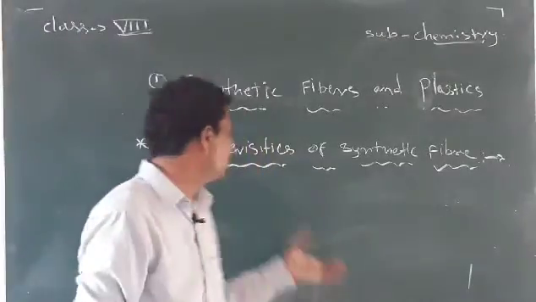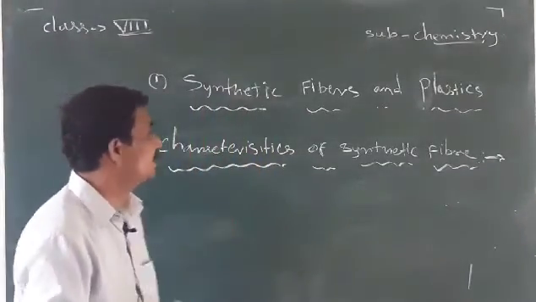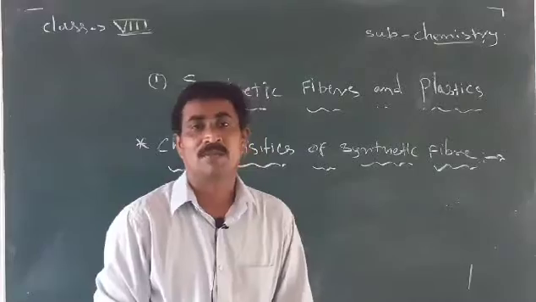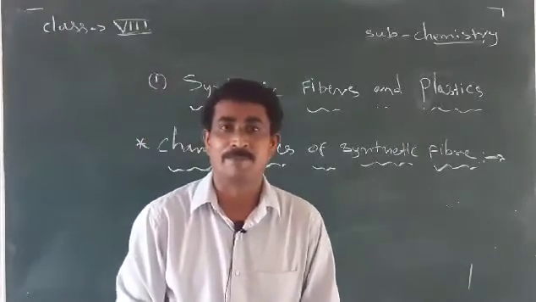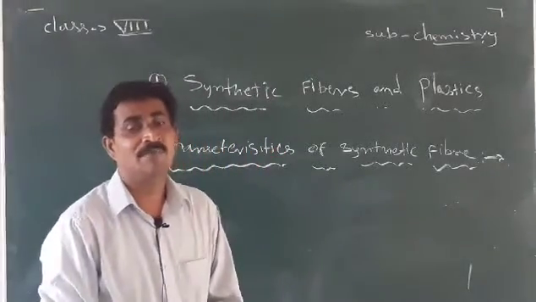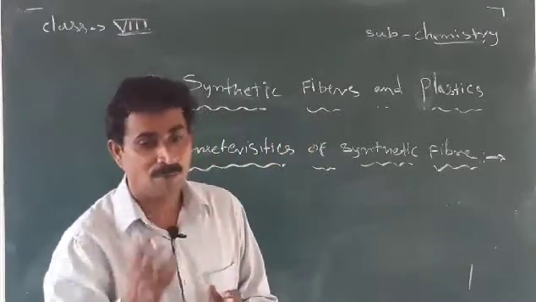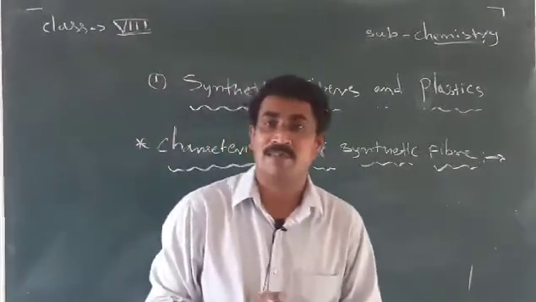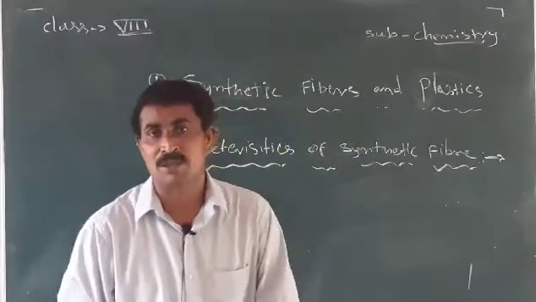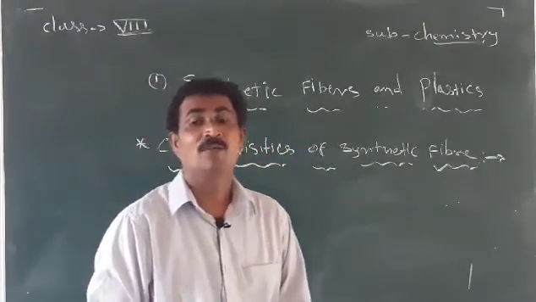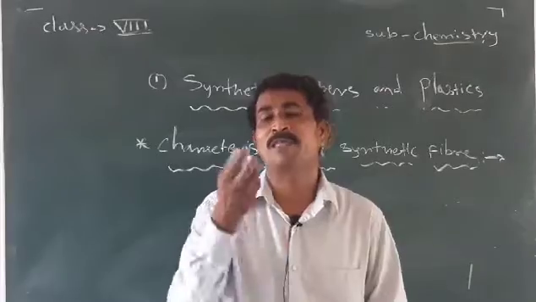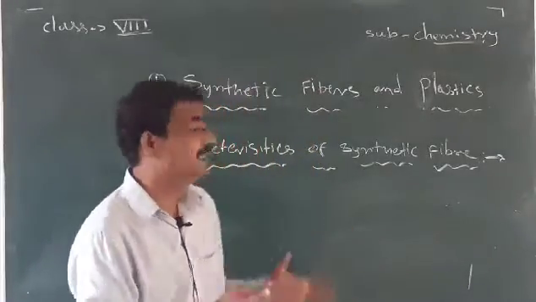Okay friends, the next bit is the characteristics of synthetic fiber, otherwise the properties of synthetic fiber. The characteristics mean the properties on which the synthetic fiber is made, how it behaves, and the important things we can see in these points.